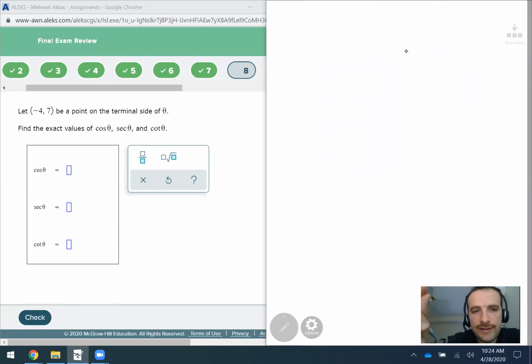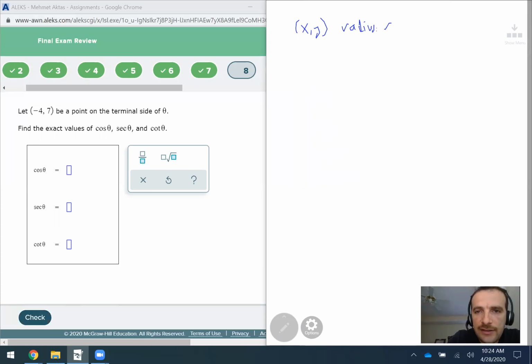If we have a point (x, y) on the xy plane, right? But this is not on the unit circle. This can be on any circle with radius r, okay? So the radius is equal to r.